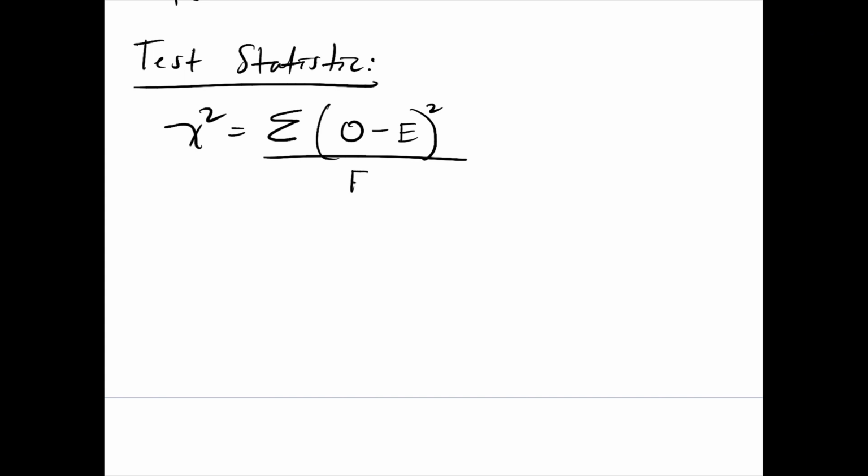Okay, which equations did we use to do the calculations? Chi-squared. That's why it's called chi-squared. Equals sigma observed minus expected squared over expected.